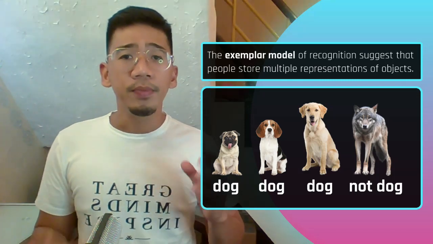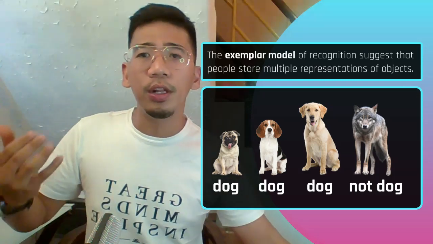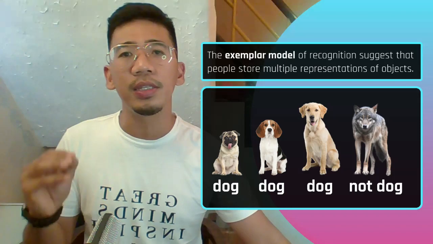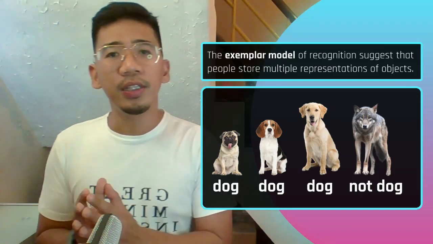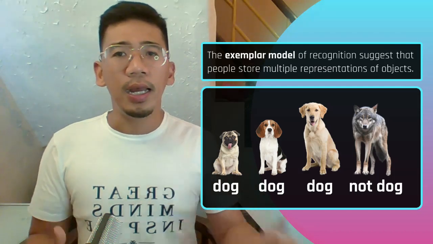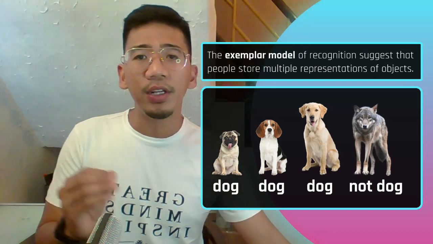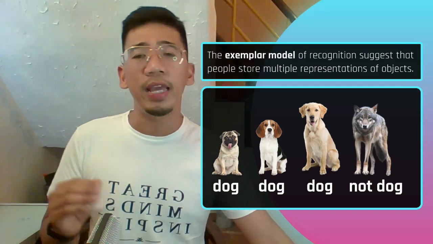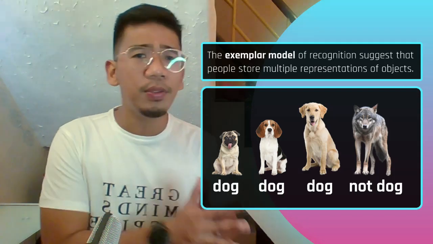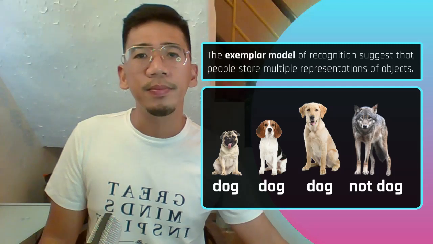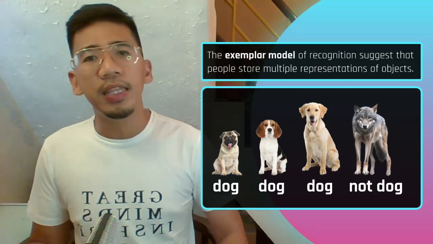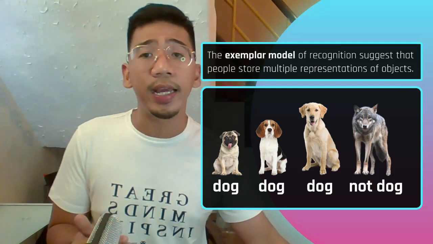When you see an object, the brain produces a particular pattern of neural responses, a certain set of cells that are activated. Now, this pattern of activation is stored and remembered. If you see something similar, the brain activates a similar pattern of cells. Depending on the similarity, you recognize the object or not.